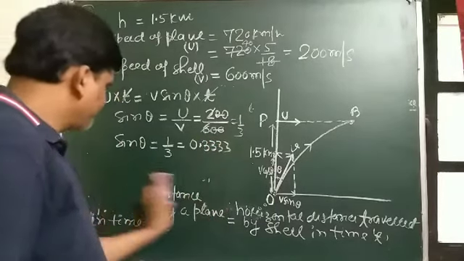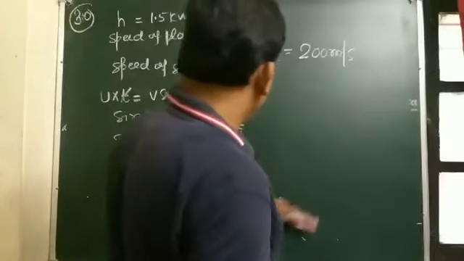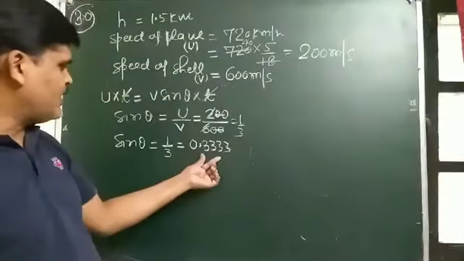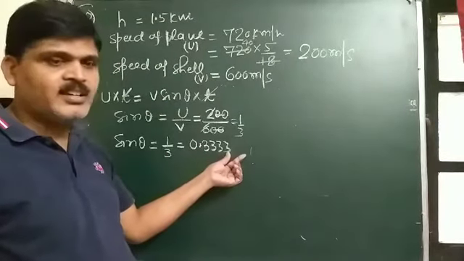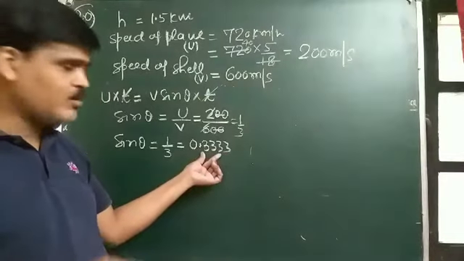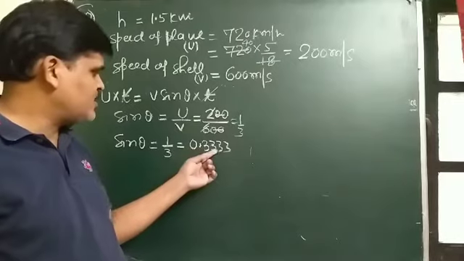Now use the natural sine table of the log book and find the angle whose sine is 0.3333.